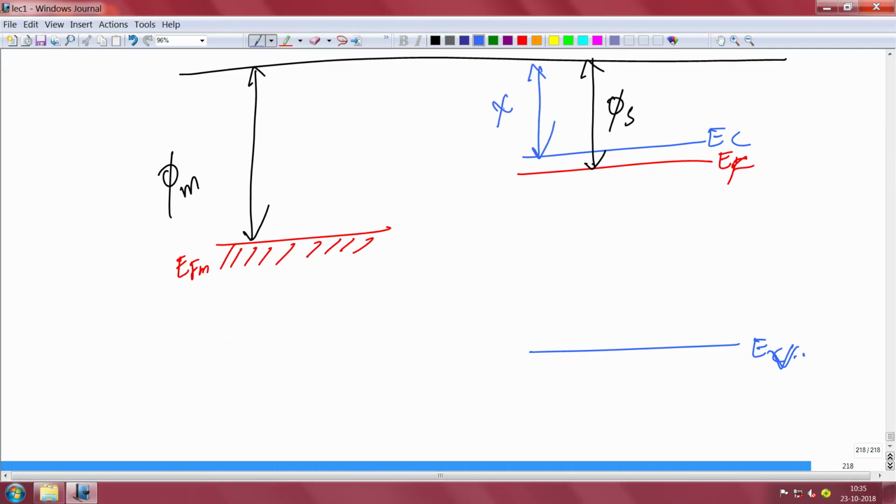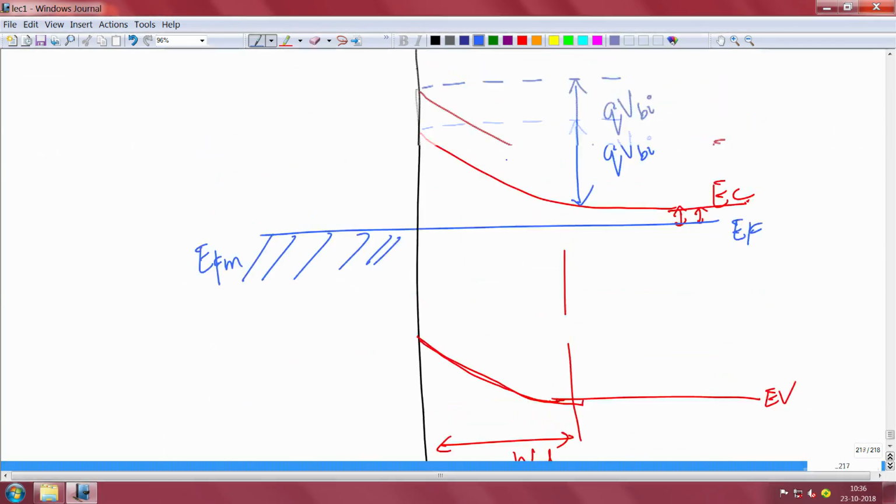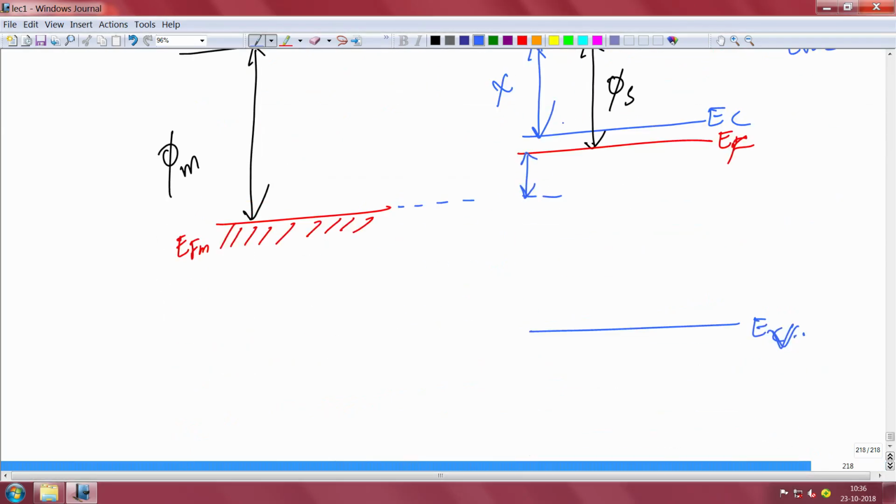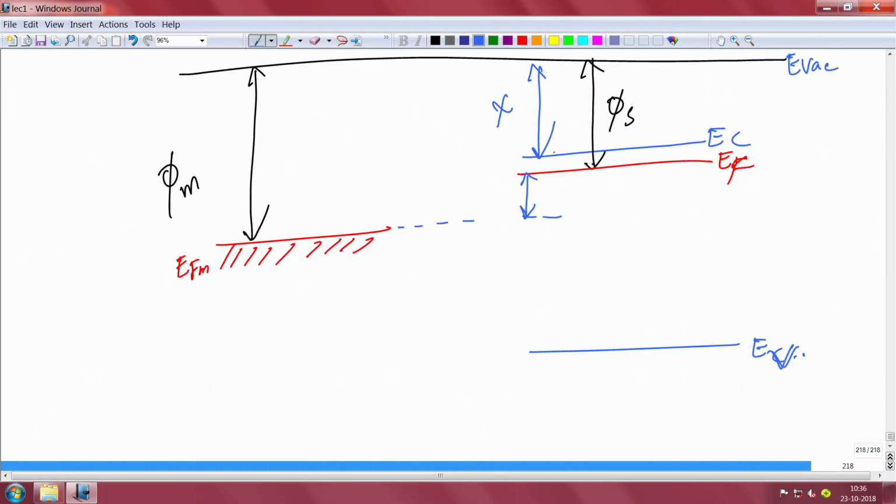The difference between the vacuum level, E_VAC, minus E_C is the electron affinity, and the Fermi level position gives the work function of the metal and semiconductor. So, essentially the Fermi levels will align. The energy distance that the Fermi level has come down is this much, and that is the bend that has happened, because once the Fermi level comes down by that amount, the Fermi level will be aligned on both sides.